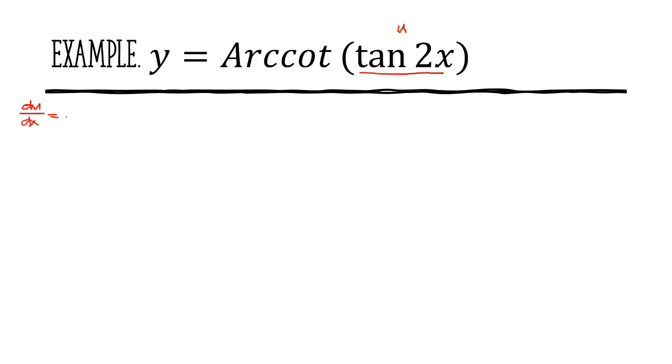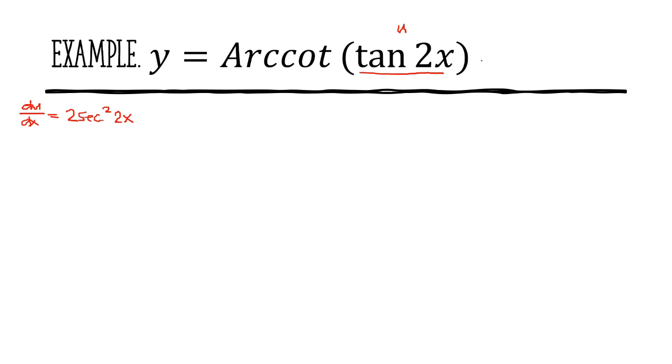So from the previous discussion, or from the previous session, we have discussed the derivative of our trigonometric functions, which involves the derivative of our tangent, which is equivalent to secant squared 2x. So just copy the angle, which is 2x, and then derive the angle, which is 2. So that being said, the derivative of tangent 2x is equivalent to 2 secant squared 2x.